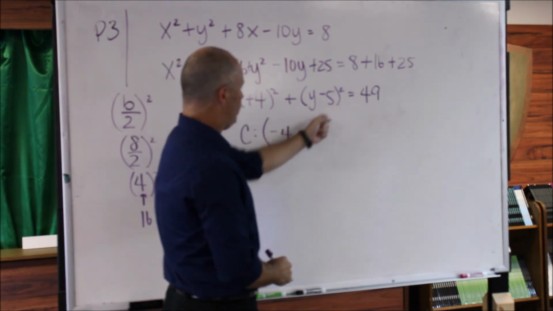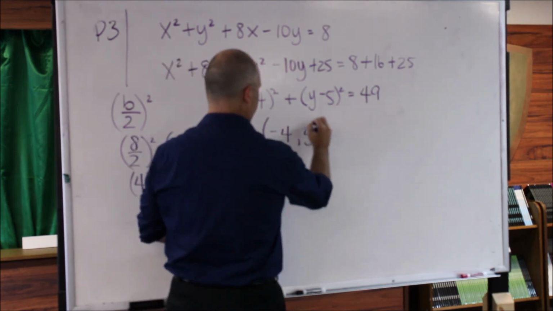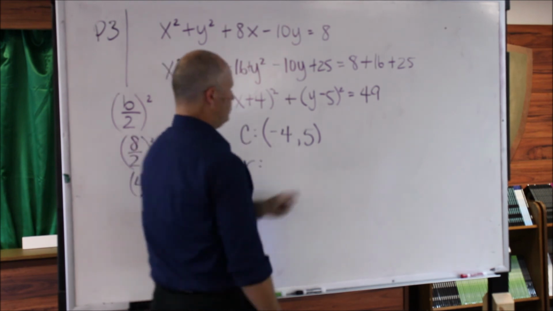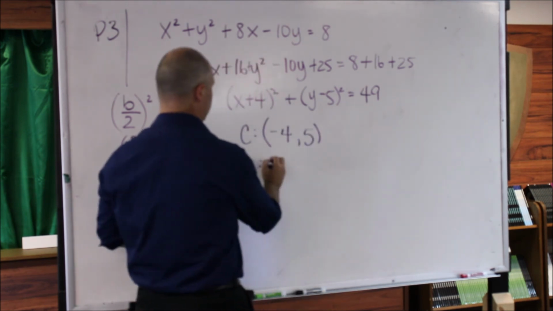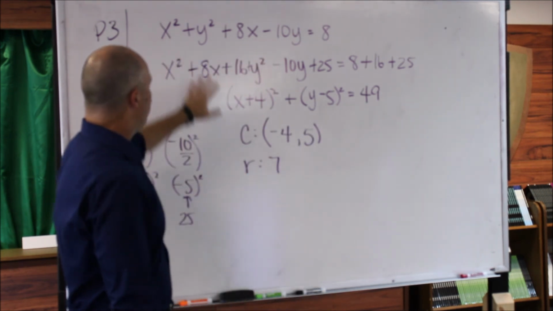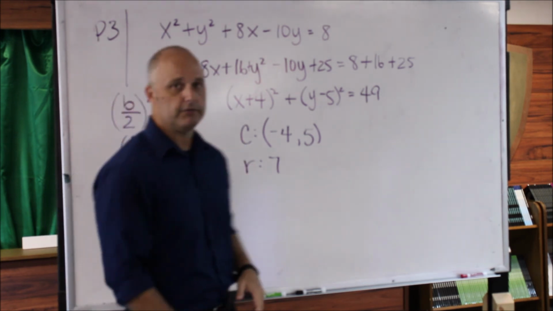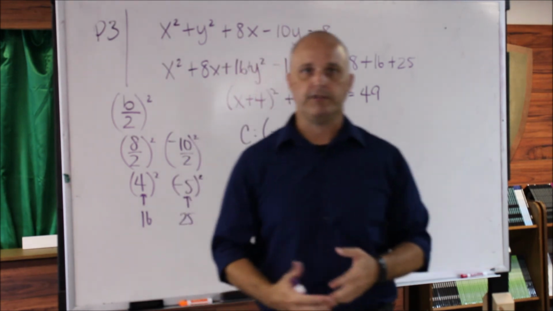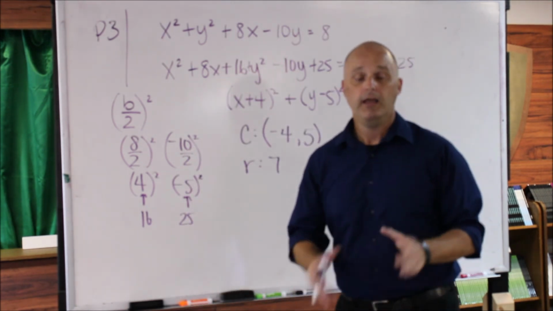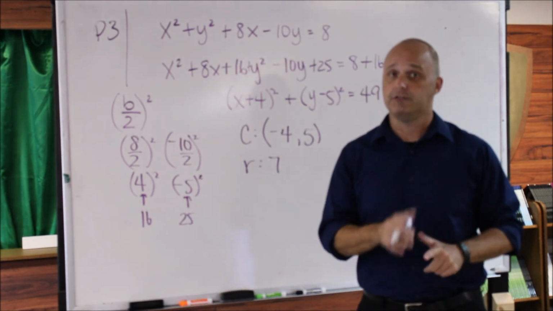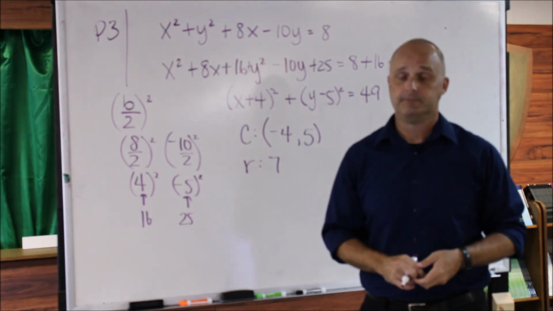Since we see a negative 5, the center is going to be at positive 5. The radius is just going to be the square root of 49, and so that gives us 7. So this equation right here has a center of negative 4, 5, and a radius of 7. And again, the way that you figure this out is to do completing the square. And again, you will most likely see at least one problem like this on the SAT.